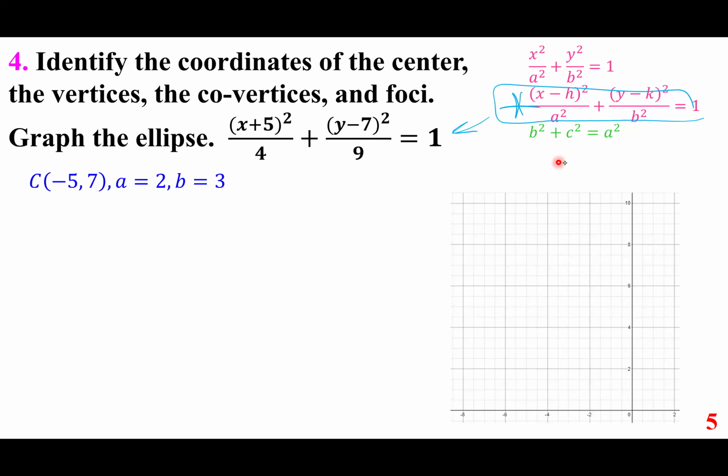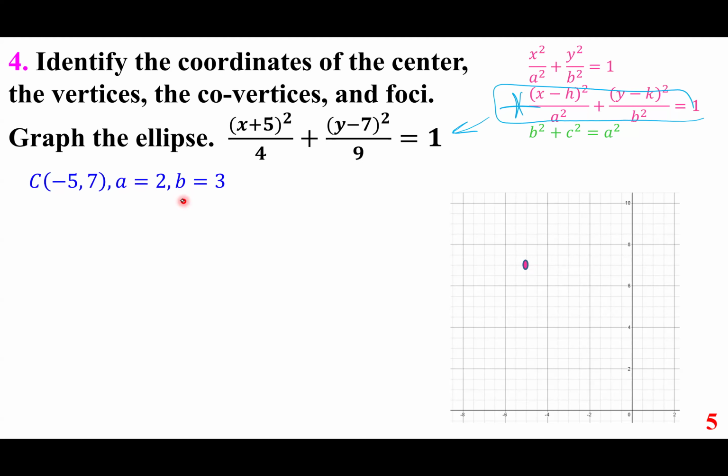In any event, we are going to put this center at negative 5, 7. So we come 5 units to the left, and we go up by 7, and we end up somewhere there or close. Now we go a units to the right and left, b units up and down.